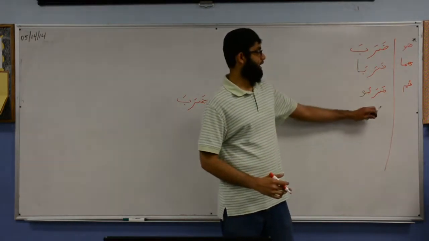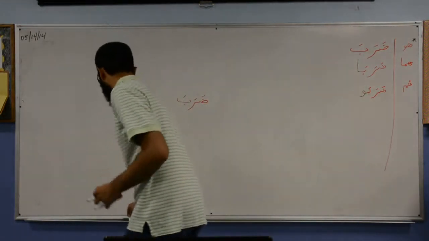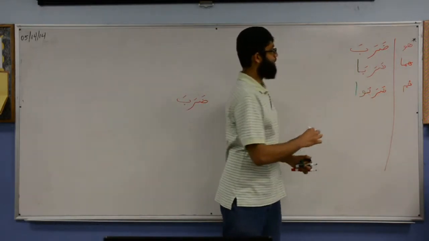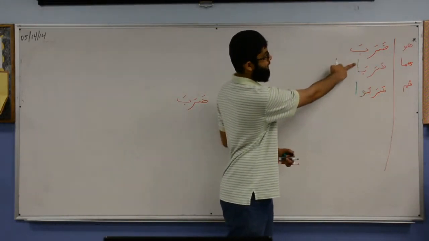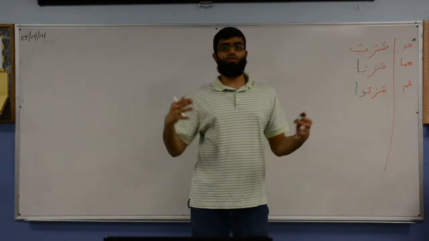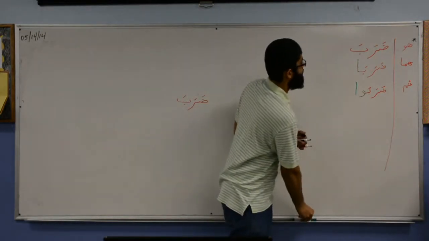And because I cannot end with a wow, what do I have to put? An alif. So this alif right here of darabu is not like this alif. This alif is a subject. This alif is just there to close out the word. It's a spelling rule. All right, so that's huwa, huma, hum.